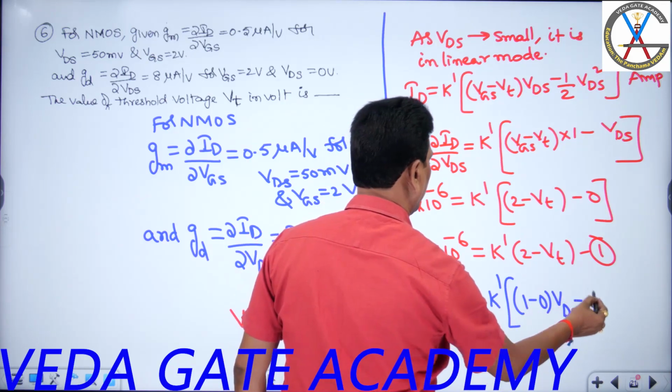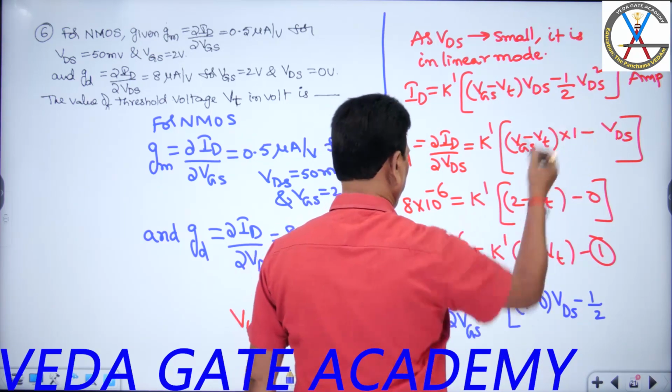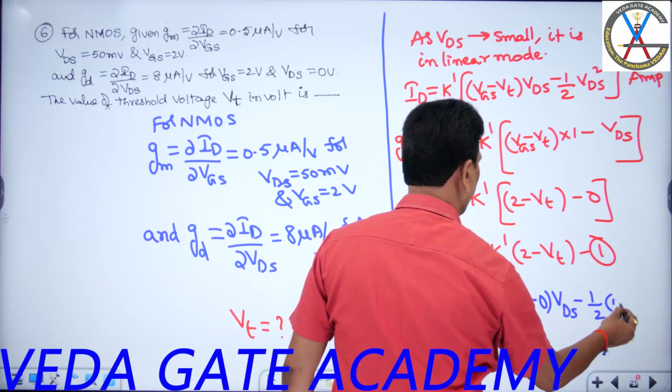VDS is constant, so the VDS square term is 0.